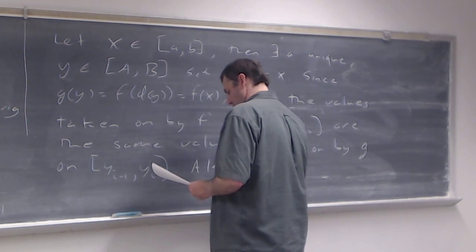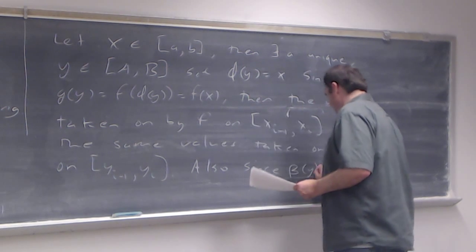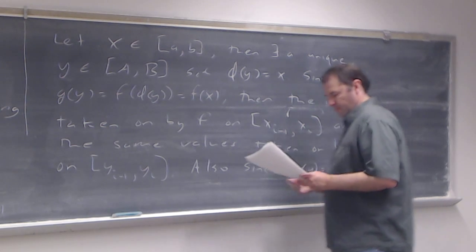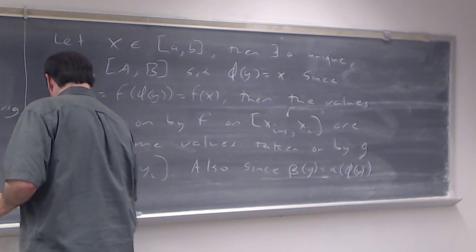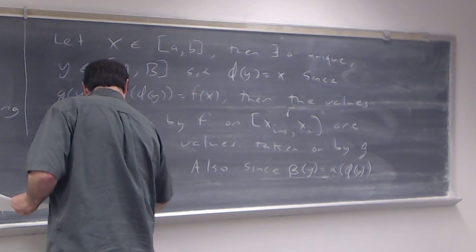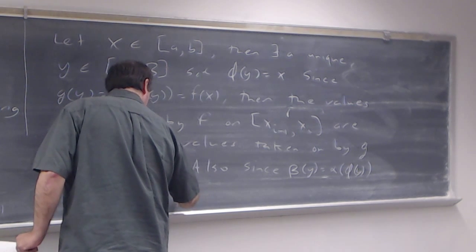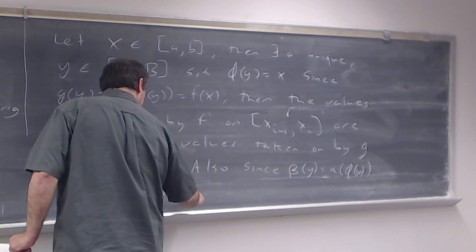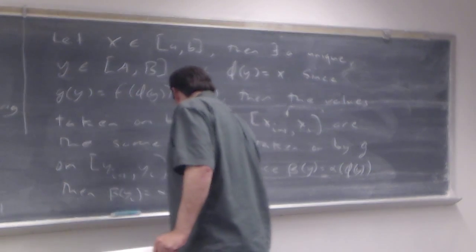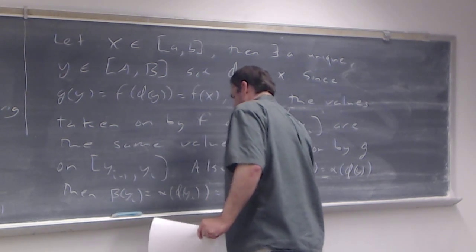Also, since beta of y is equal to alpha of phi of y, then beta of y sub i is equal to alpha of phi of y sub i, which is nothing more than alpha acting on x sub i.